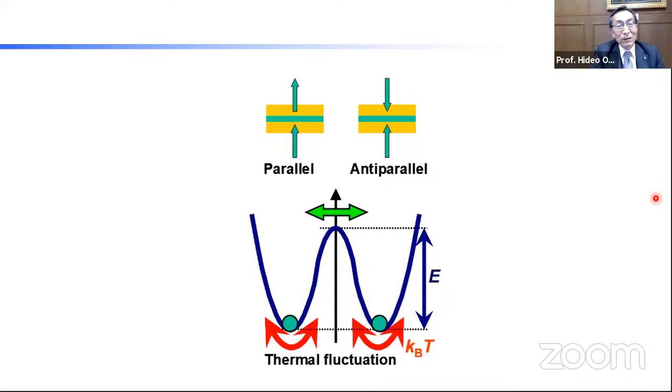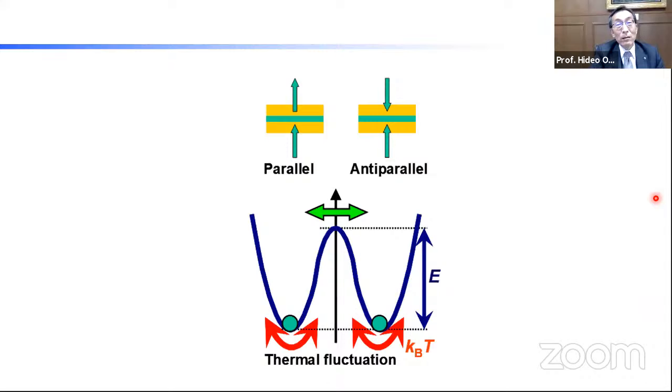Here we have two states, parallel and anti-parallel configurations of magnetization in a magnetic tunnel junction, and this is separated by an energy barrier that makes the device non-volatile. So this energy barrier E has to be much greater than k_B T. And in magnetism, we all know that this energy barrier is proportional to magnetic anisotropy times volume, or the area.